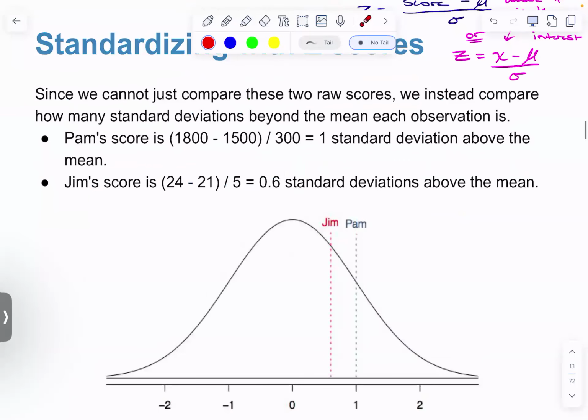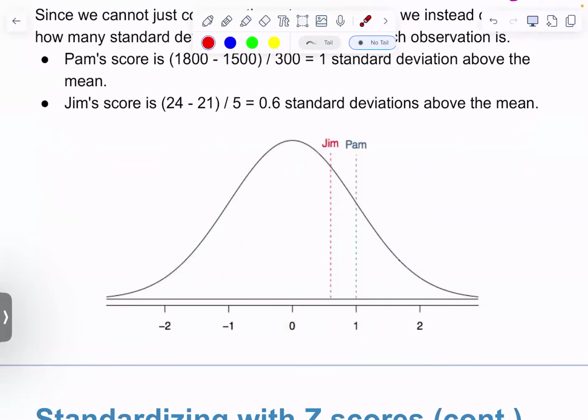We already talked about this, so we did the math, we got there, problem solved. The nice part is that once we've standardized, we get a kind of mini version of a normal distribution. It's just shrunk down. The shape of the SAT scores and the ACT scores aren't going to change just by dividing them by the standard deviations.